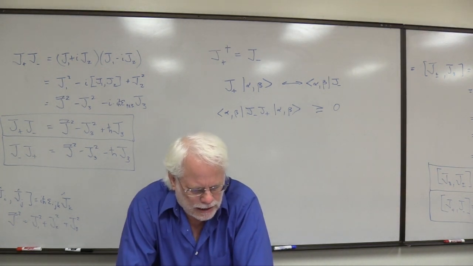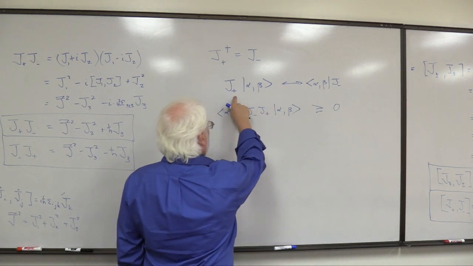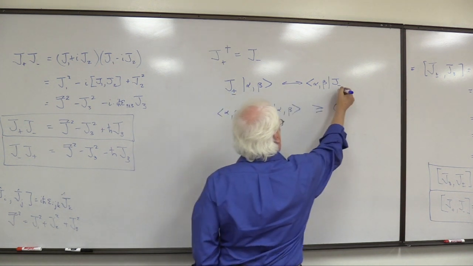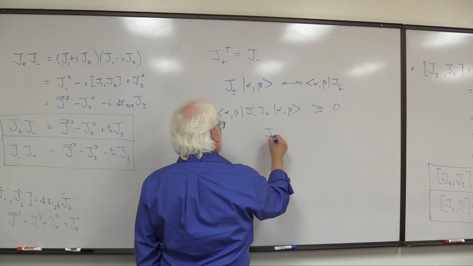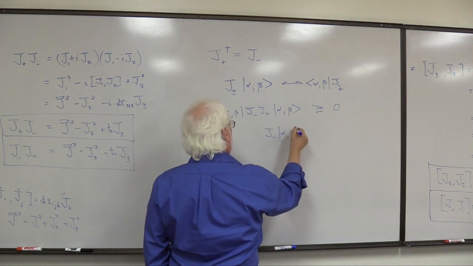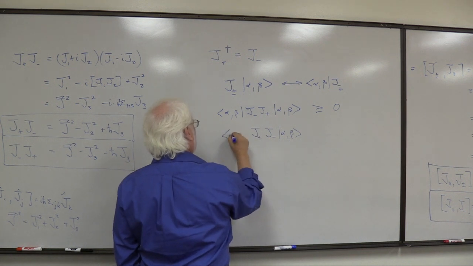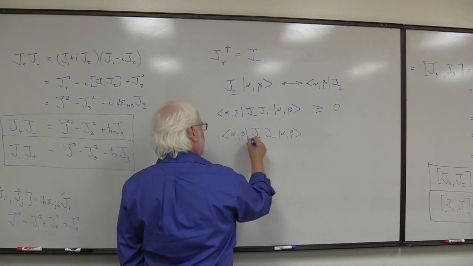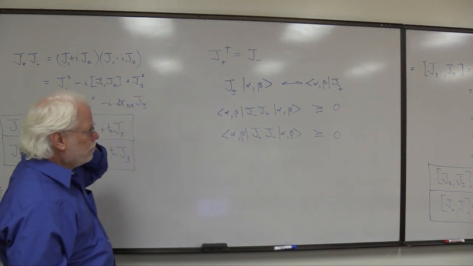But that will happen sometimes. Then we can do it the other way. We can take minus here, and then the adjoint is plus. So we can take the norm of J minus on alpha beta, which could be 0. And that's the norm of a state, so that has to be non-negative.